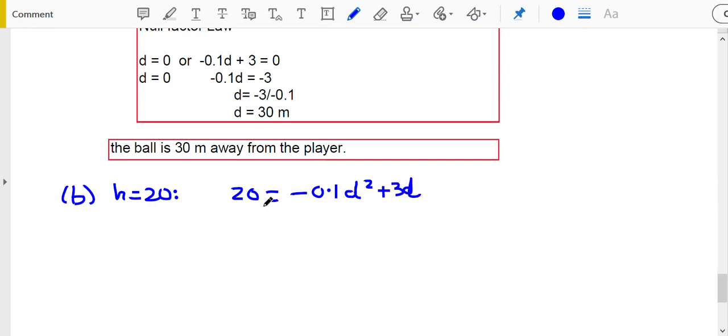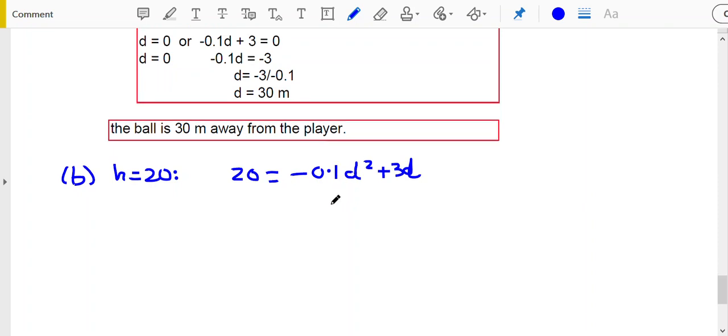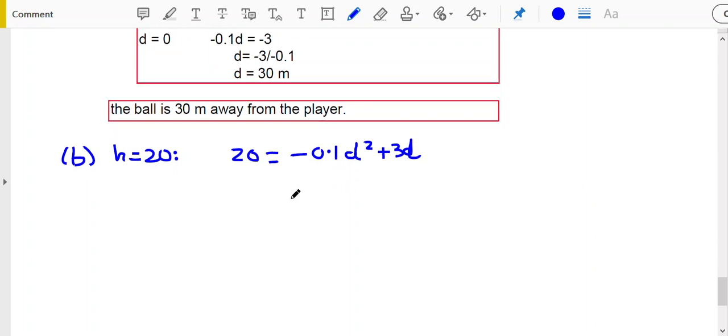So again, I need to solve this equation, but to do that, I need it to have a 0 on one side. So I subtract 20 from both sides. And I'm going to be left with a quadratic equation that says negative 0.1 d squared plus 3d take away 20 equals 0.